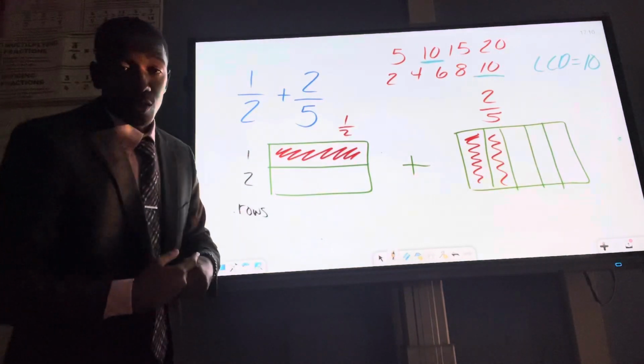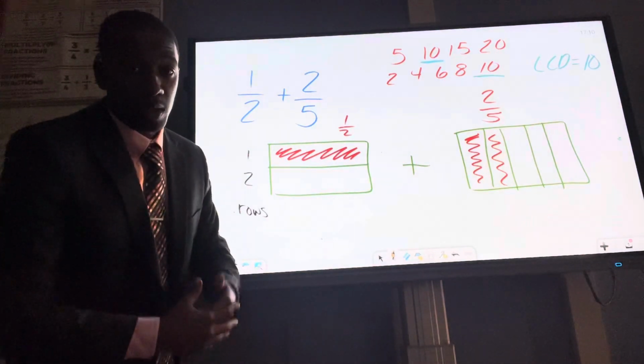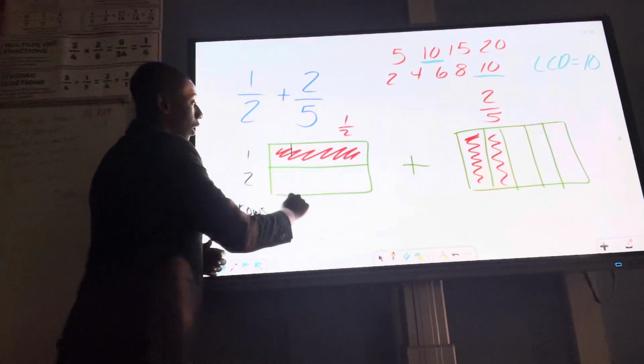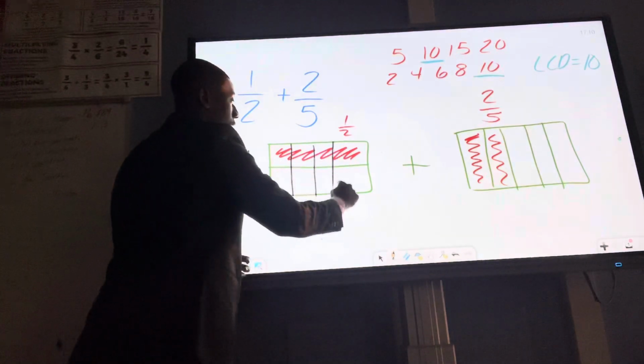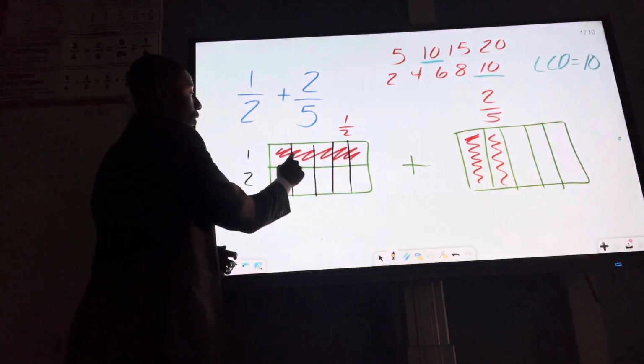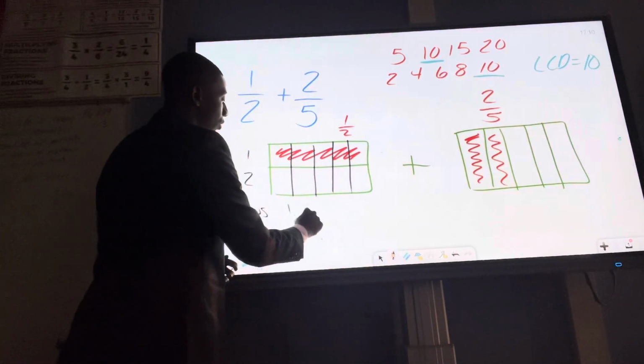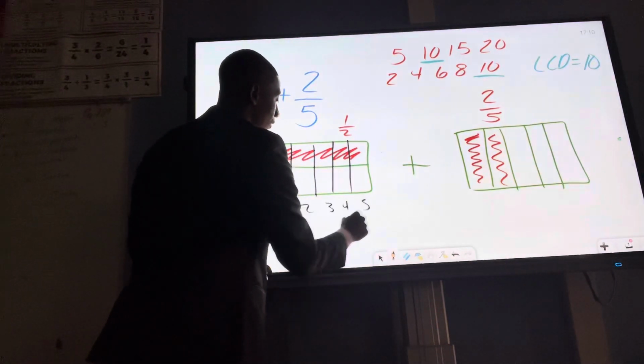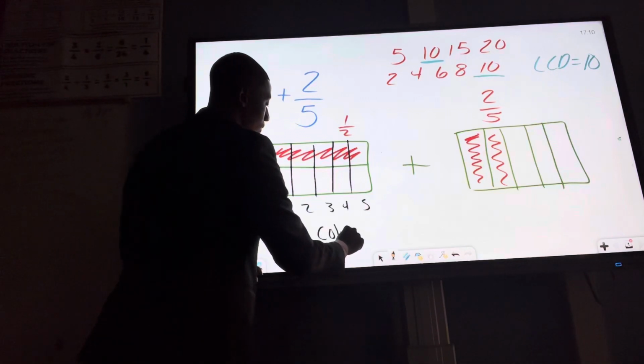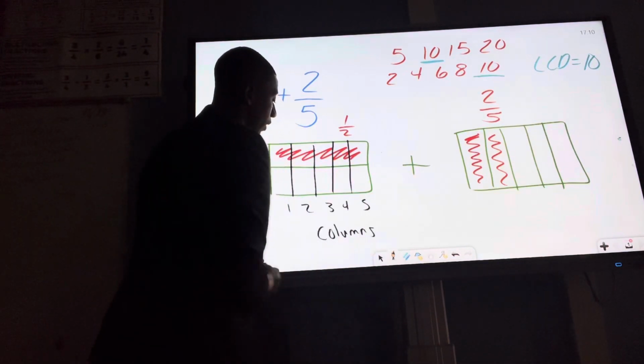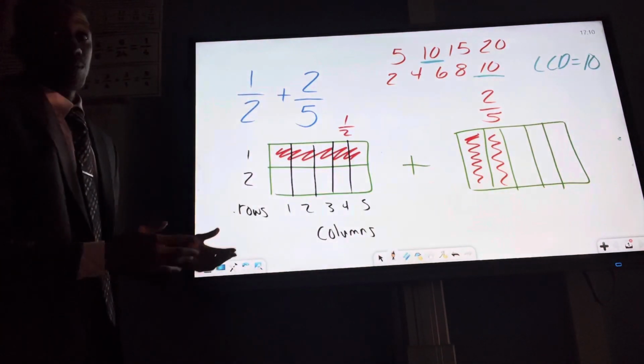So now I'm gonna draw 5 columns to give me 10 pieces. 1 column, 2 columns, 3 columns, 4. So 1, 2, 3, 4, 5 columns. Okay. So now I got 10 pieces.